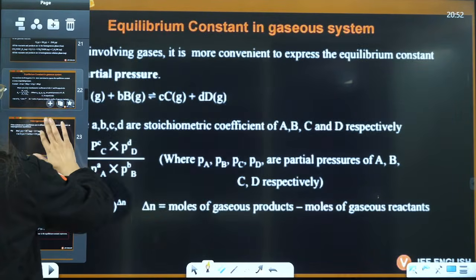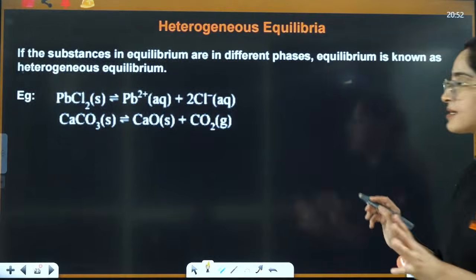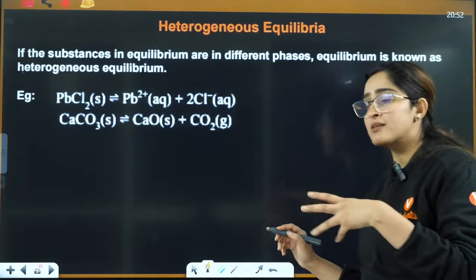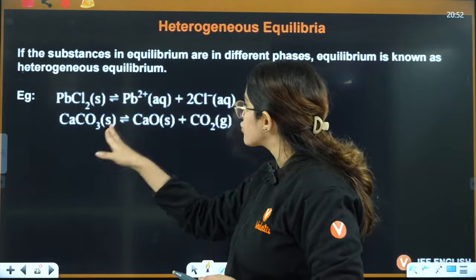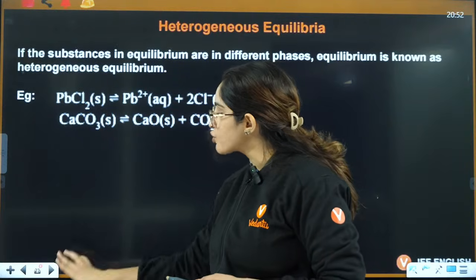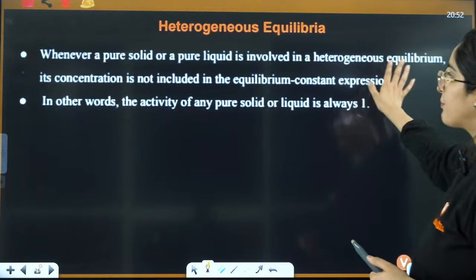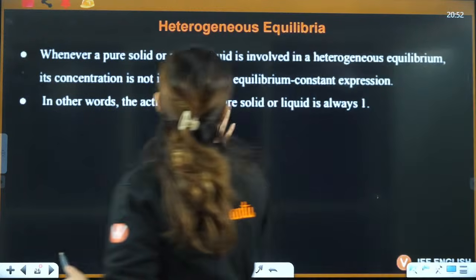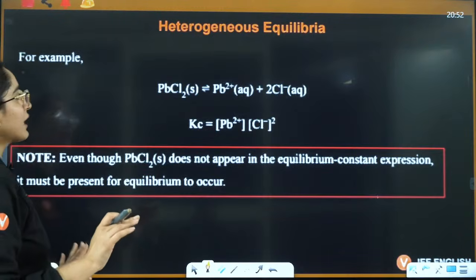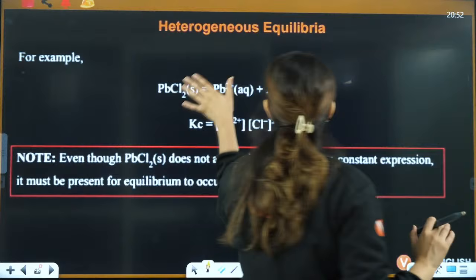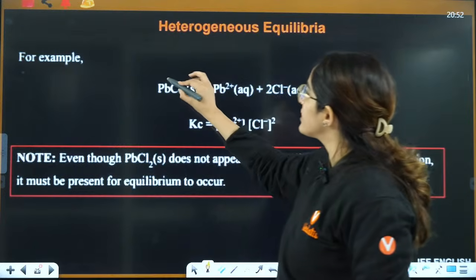Right, everybody? Now, let's understand heterogeneous equilibria. Heterogeneous equilibria means when the phases of the reactants and products are different, like this is solid, this is aqueous, this is solid, and this is gas. That is called heterogeneous equilibria, right? So in heterogeneous equilibria, we say that the activity of a pure solid and pure liquid is equal to 1, right? For example, if you want to write the value of Kc, for solid it is equal to 1.